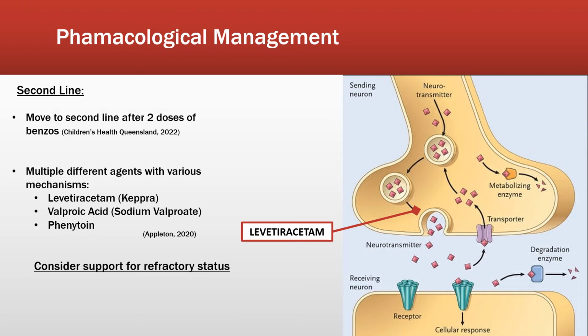Other second-line agents include valproic acid, which we commonly see as sodium valproate or Epilim, and other medications like phenytoin, with each working via a different pathway to either decrease stimulation or increase inhibition.